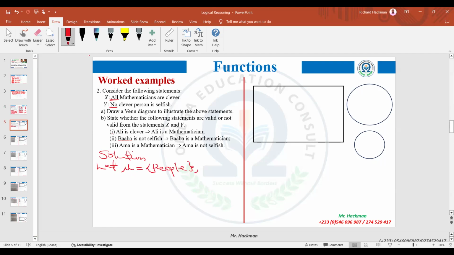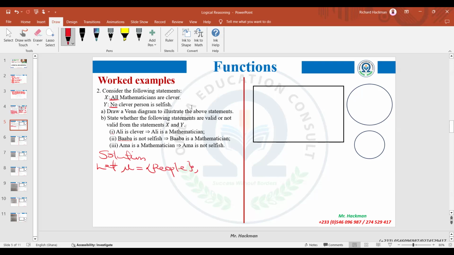Your statements will bring out the sets. This statement, like I said, usually will connect 2 sets. Either the set is already represented and a new one introduced. So let's see, all mathematicians are clever. How many sets of people are we looking at here? 2, which will be mathematicians and clever.